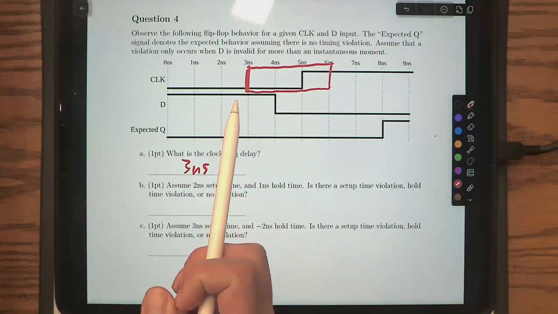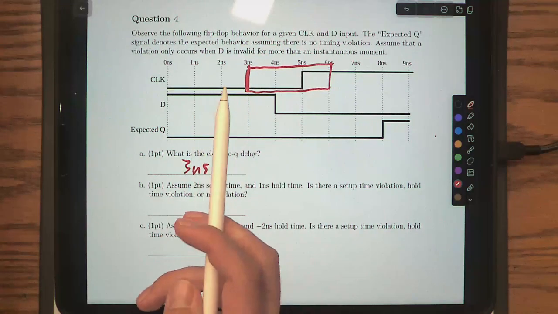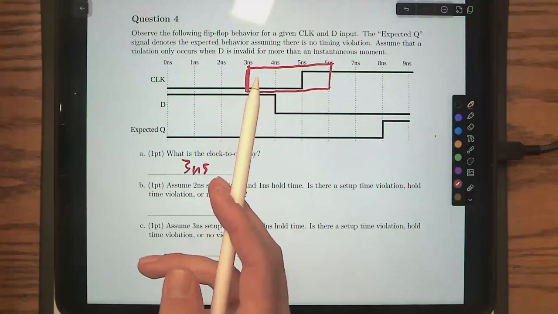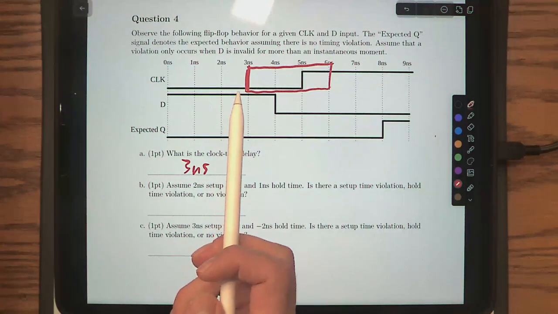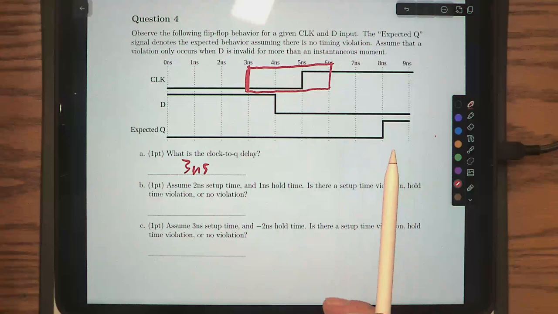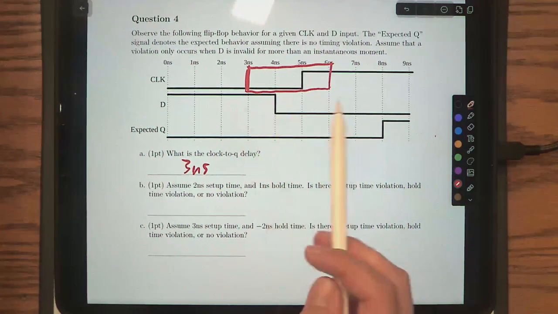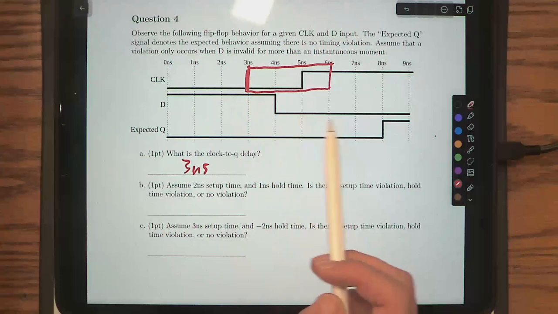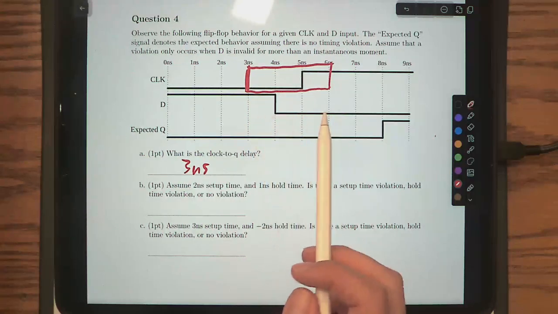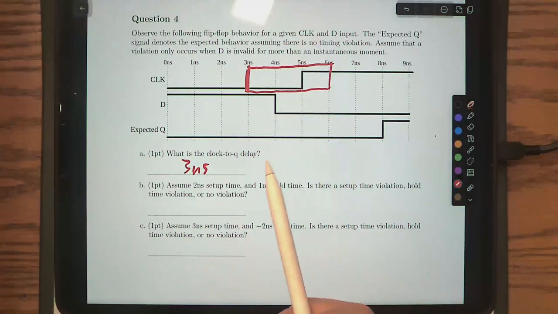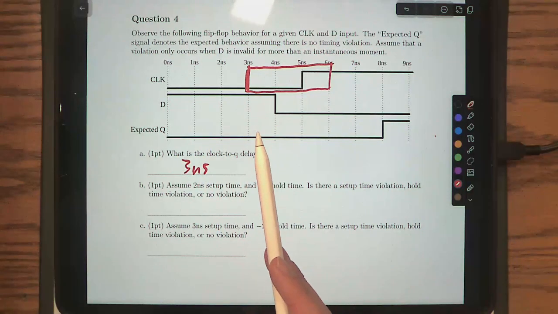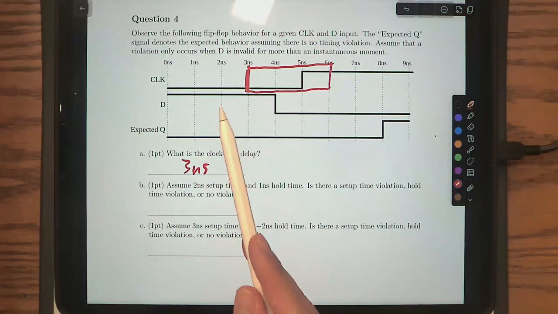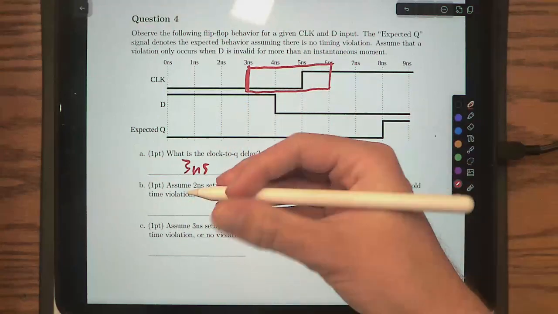Yes, it is. At this moment, the setup time moment, we can see that D is 1, and we are expecting it to be 1, so therefore not a setup time violation. But D changed in the middle of this region. So what violation is this? Hold time, because it wasn't held for long enough. So this would be hold.